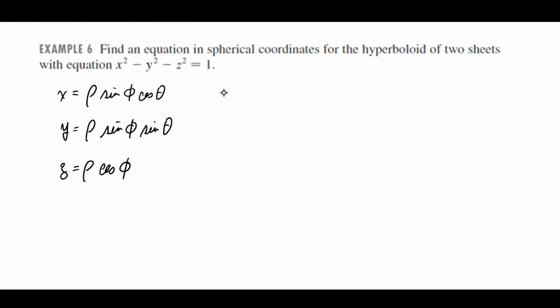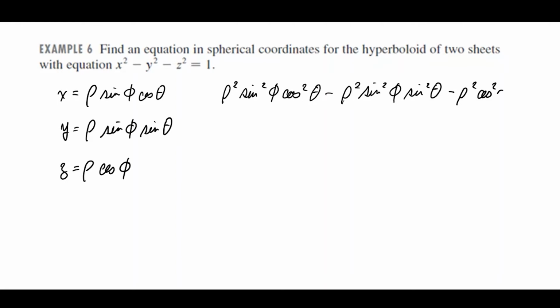So x squared, which is rho squared sine squared phi cosine squared theta, that's x, minus y squared, so rho squared sine squared phi sine squared theta, minus z squared, so we have rho squared cosine squared phi is equal to 1.